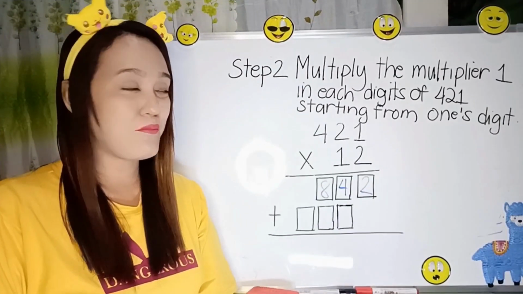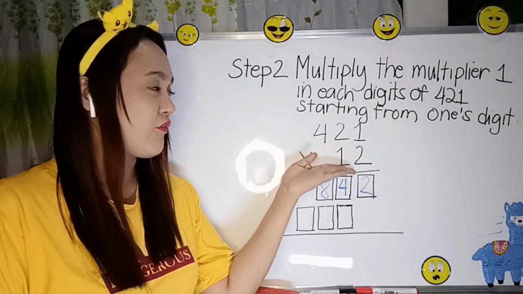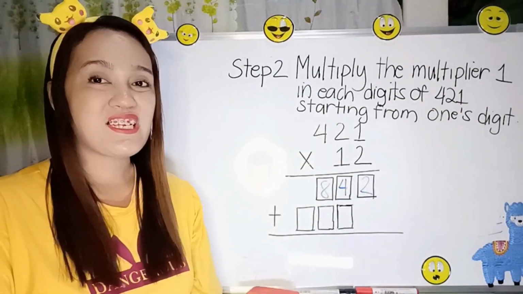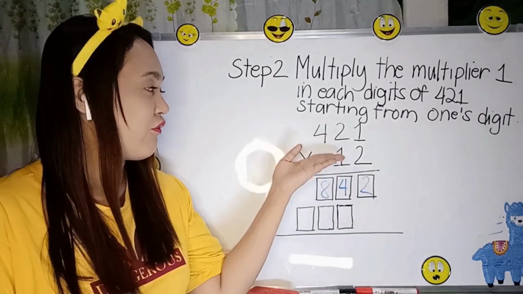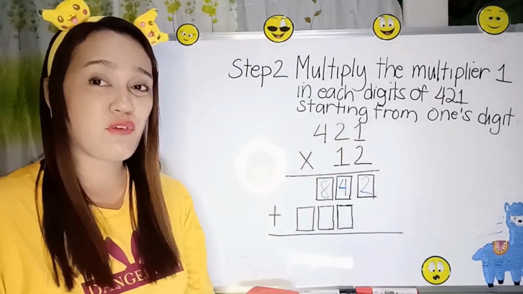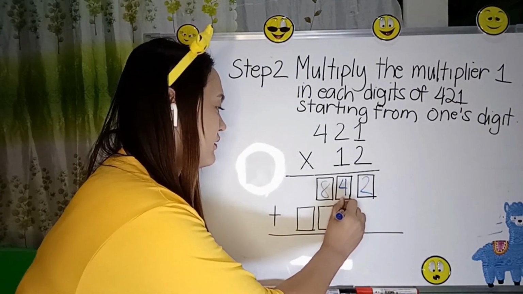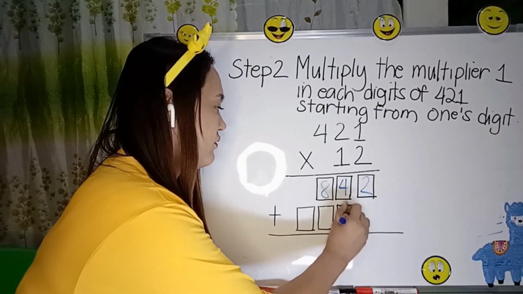So let us now multiply the multiplier 1 to each digit of 421. Let us begin at 1 times 1 is equal to 1.